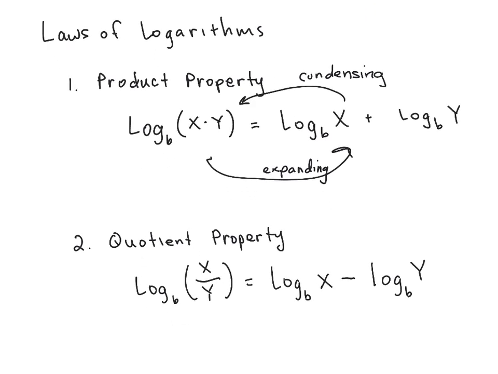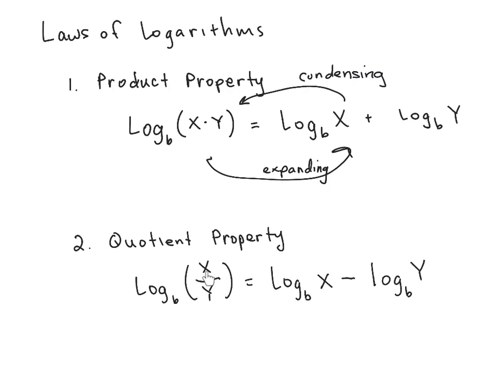Now the next one is called the quotient property. Quotient means fraction. You can see here that we have a logarithm, and the term inside the logarithm is a quotient, x divided by y. If that's the case, you can expand this single logarithm into two separate logarithms of the same base.